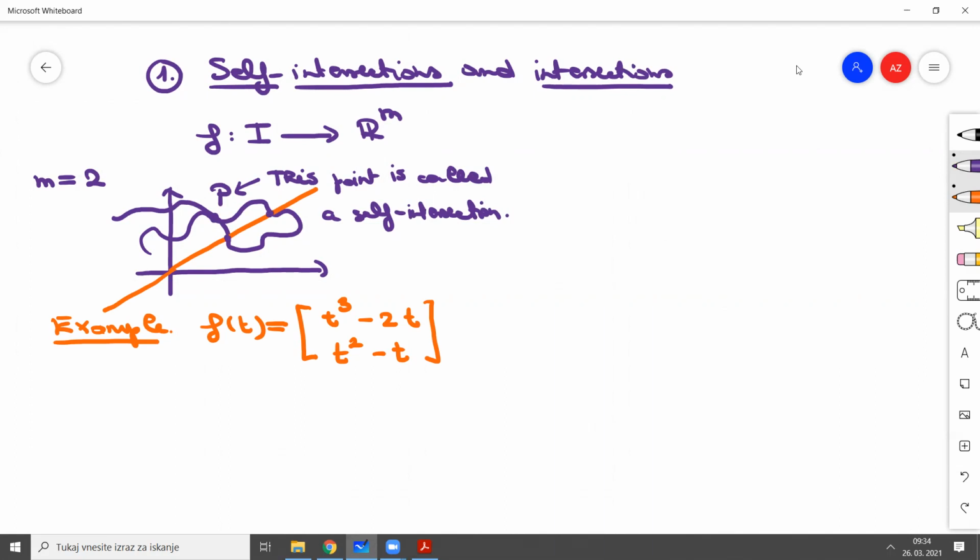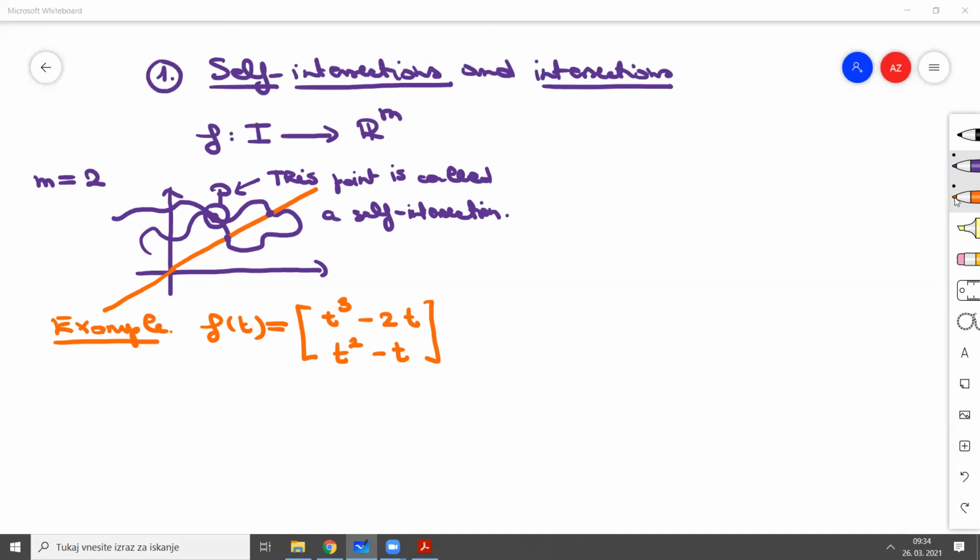What in fact is our condition to determine the point P? Yes, so as Matits wrote in chat, both components need to be the same for different t. That's right.